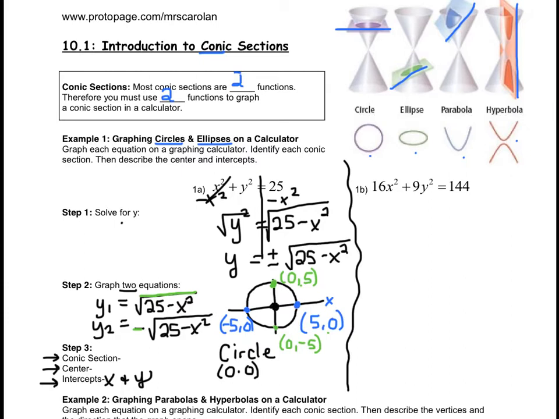Let's try 1b now. So the first step, solve for y. So let's get rid of the 16x squareds on both sides. So we're left with positive 9y squared equals 144 minus 16x squared. So before we can square root, we have to get rid of the 9 by dividing.